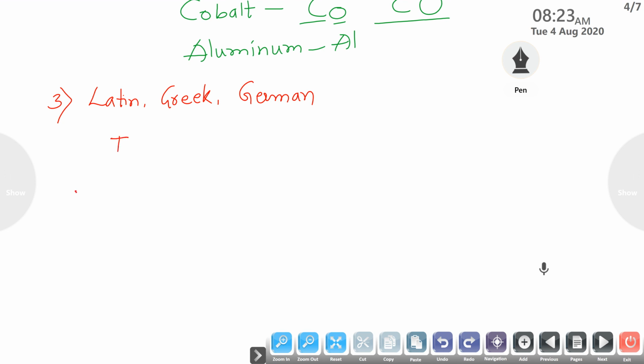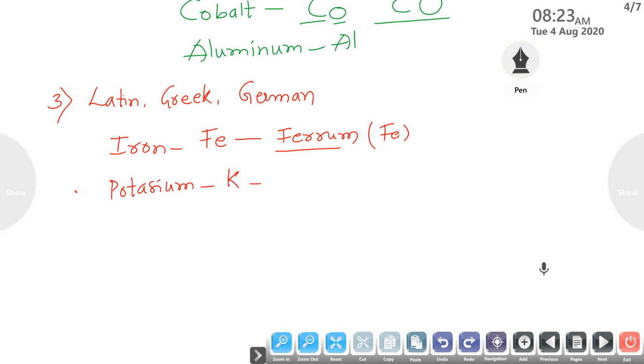What is the symbol of iron? Fe. Here Fe is derived from the Latin word ferrum. Ferrum, that's why we are using Fe. Next, potassium. For potassium we will use the symbol K. Here K means kalium. In the same way, sodium.